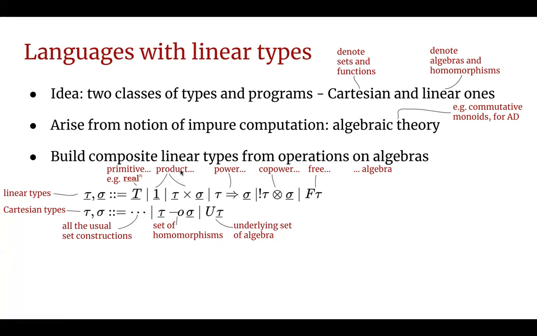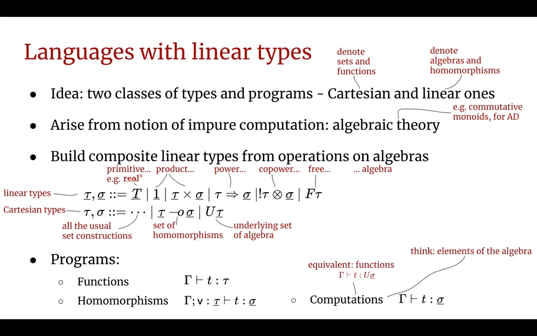For example, we can take the product of two algebras, we can take the power of an algebra with a set, we can take the co-power of an algebra with a set, we can build a free algebra out of a set. And then if we have two algebras, we can form a set of homomorphisms from one algebra to the other. And we can take the underlying set of the algebra. And these two things are going to be Cartesian types again. So this is a sort of type system that's similar to the enriched effect calculus or Levy's call-by-push-value that you may have seen, or just a form of linear logic.